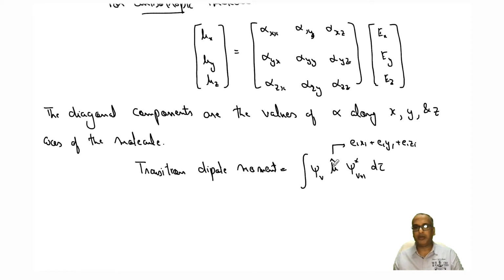This will have x, y, and z components, and those components can be treated as the basis for IR representations which transform as x, y, or z. These will have their own IR representations, and the IR representations for these wave functions can also be determined. So you can determine whether this integral will go to 0 or not, and accordingly define whether a particular transition will happen or not.